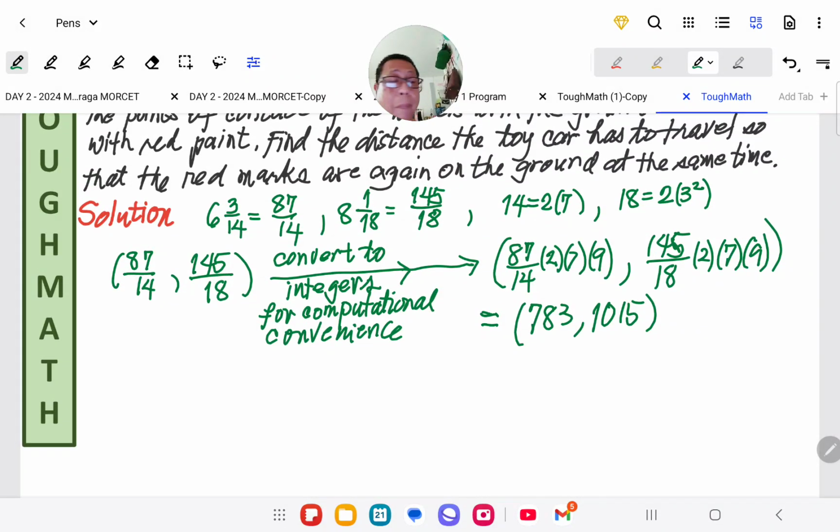Okay, so the problem as it is looks a little bit difficult to analyze. So we consider a similar but simpler case.